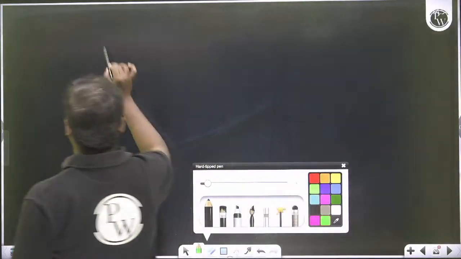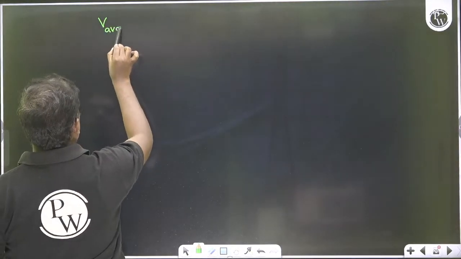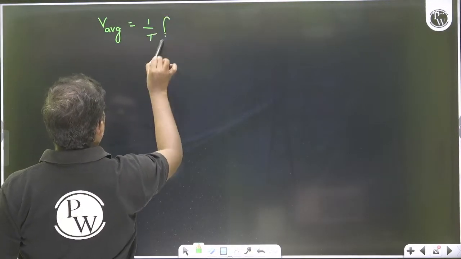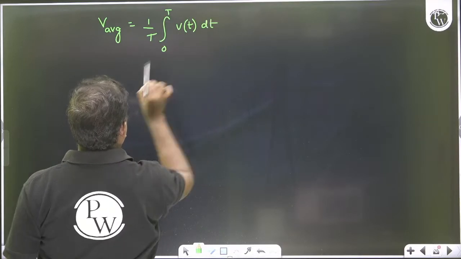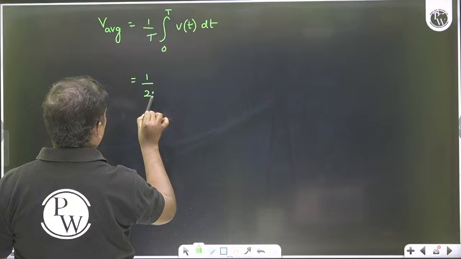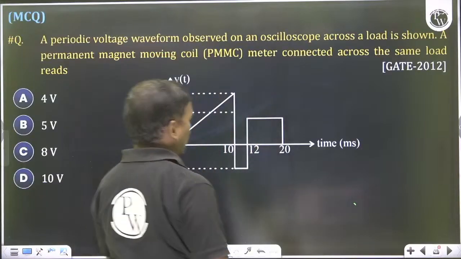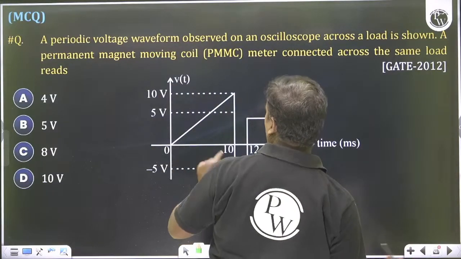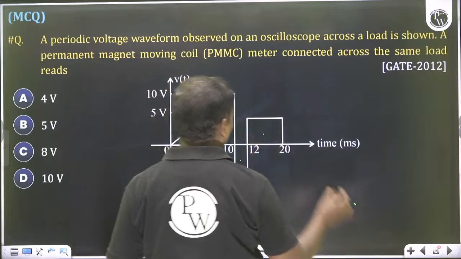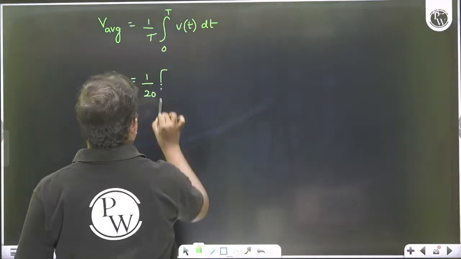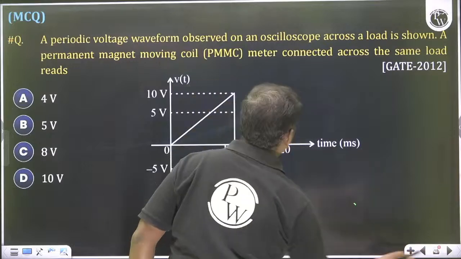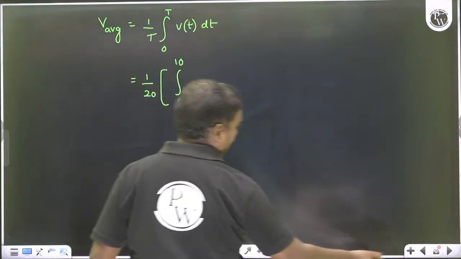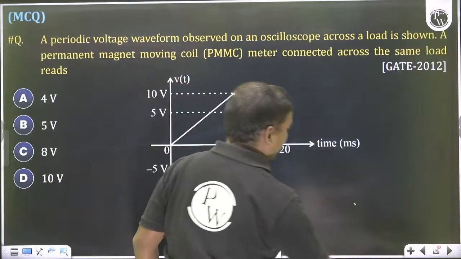So what is the V average? I can take 1 by T integration of 0 to T V of t dt. In this question T is 20 milliseconds, and 1 by T integration of this one function, this another function, this another function. So how to write? First 0 to 10, this is a ramp signal, so that is t dt.